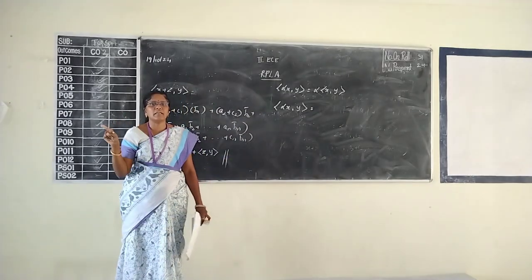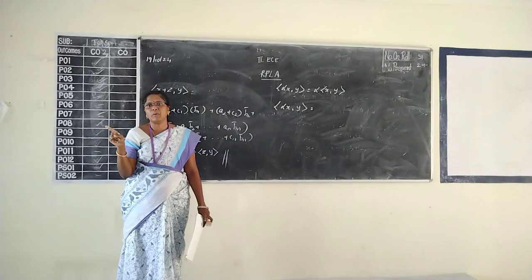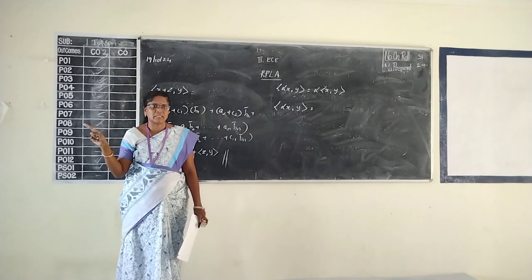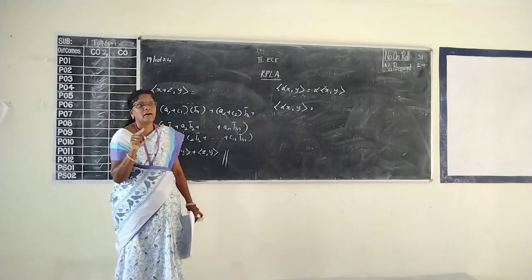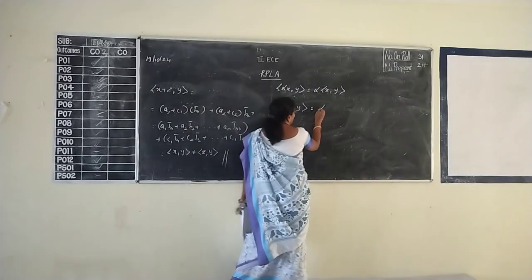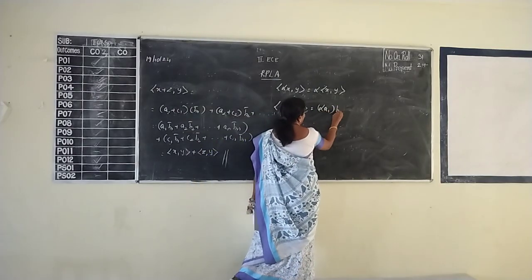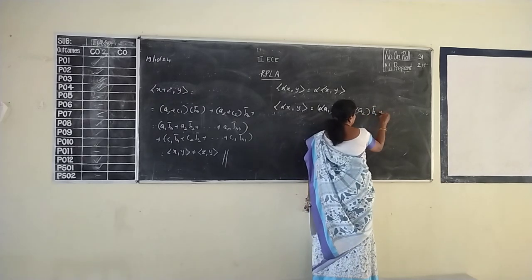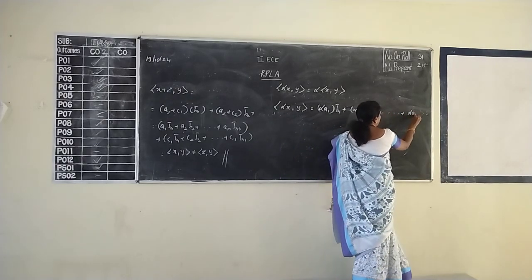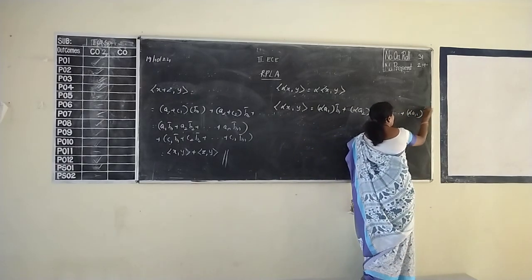Inner product of x, y equals A1 B1 bar plus A2 B2 bar, etc. Instead of A1, what are you going to write here? Alpha A1. Good. Alpha A1 into B1 bar plus alpha A2 into B2 bar plus etc., alpha An into Bn bar.